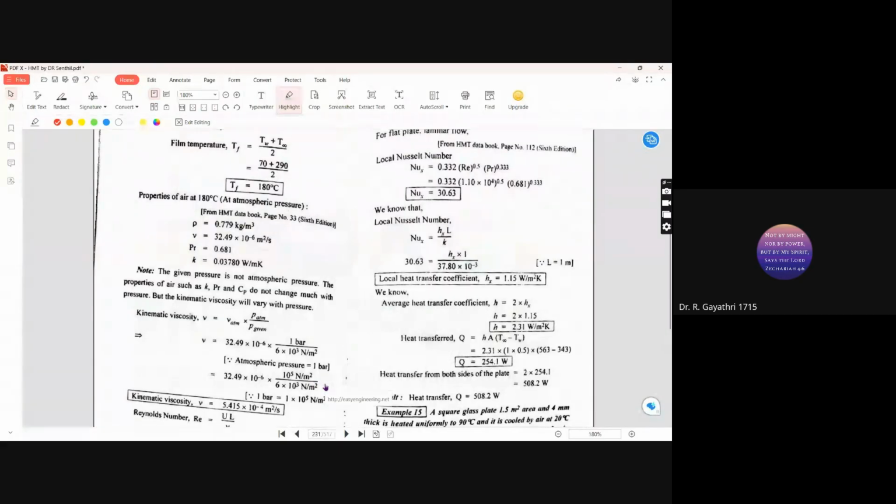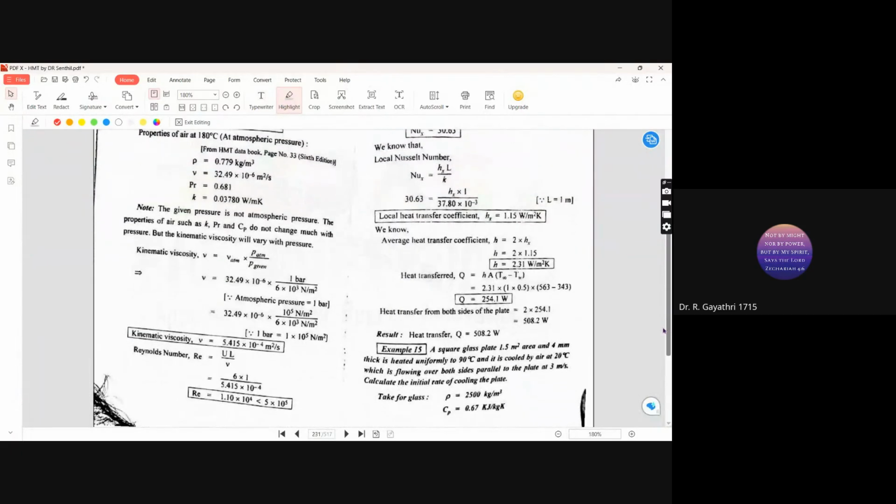The given pressure value is 6 kilonewton per meter square. Kilo can be written as 10 power 3, so 6 into 10 power 3 Newton per meter square. The kinematic viscosity value is 5.415 into 10 power minus 4 meter square per second.